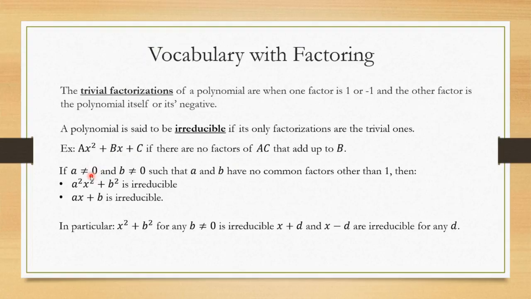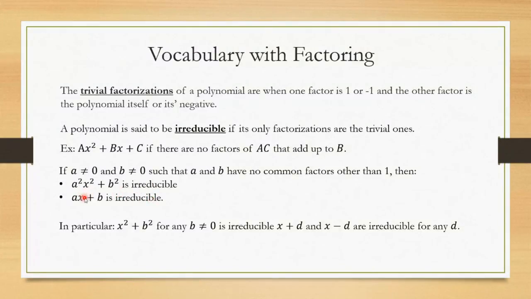And here are some specific examples. You can have a sum of 2 squares, ax squared plus b squared. That's always irreducible, assuming a and b are not 0, and a and b have no common factors besides 1. So these are always irreducible.